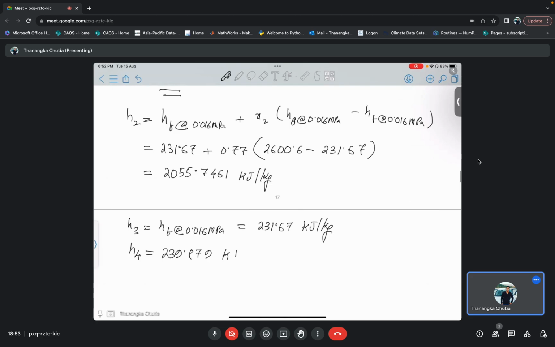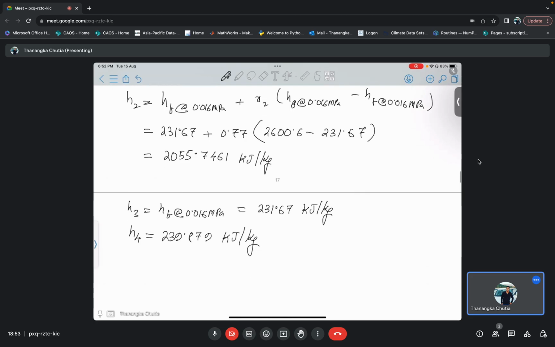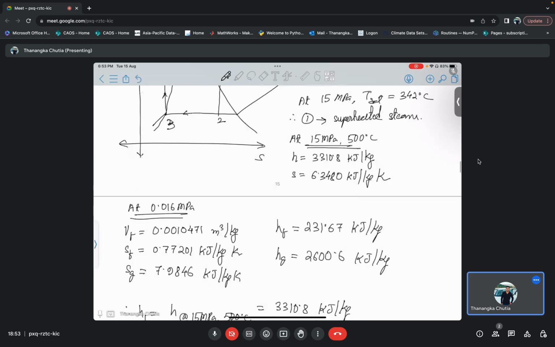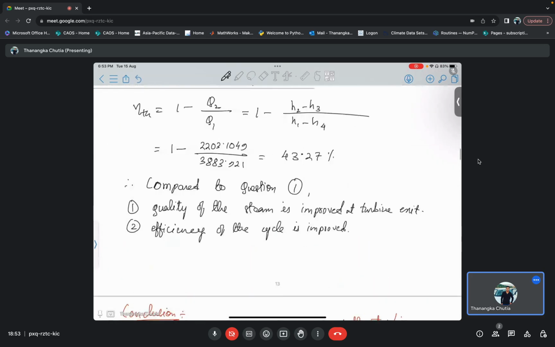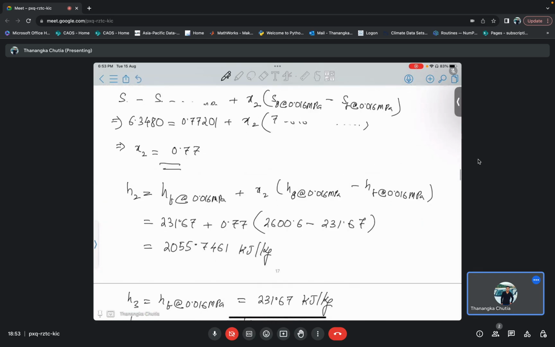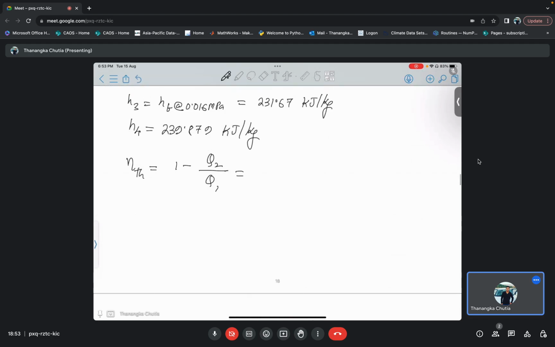Okay, so now eta thermal will be equal to 1 minus Q2 by Q1. And what is Q2? Q2 is nothing but H2 minus H3, so 1 minus H2 minus H3 divided by H1 minus H4.